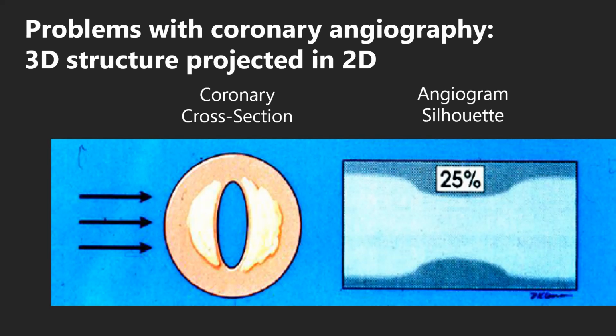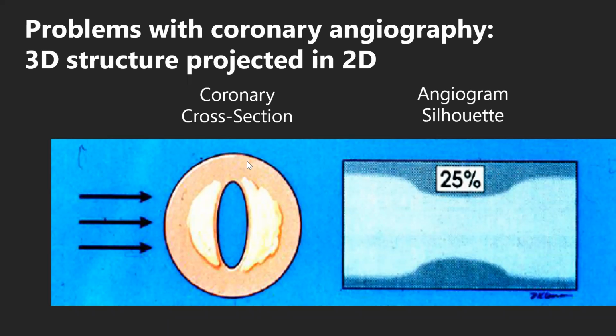The problem with angiography is that it is an X-ray in two-dimensional structures, and the coronary artery is a 3D structure. As depicted in this cartoon, the artery is like a donut. If you have a narrow lesion projected this way, with the donut hole kind of vertical, the angiogram picture looks like this. It's not really that blocked.